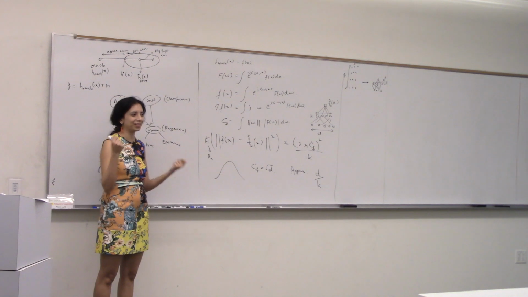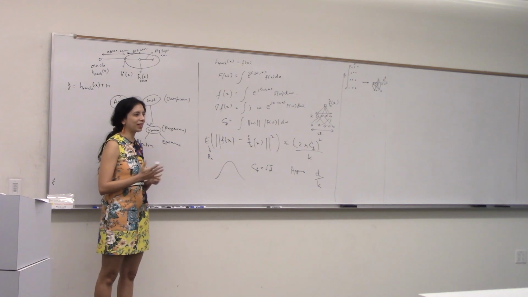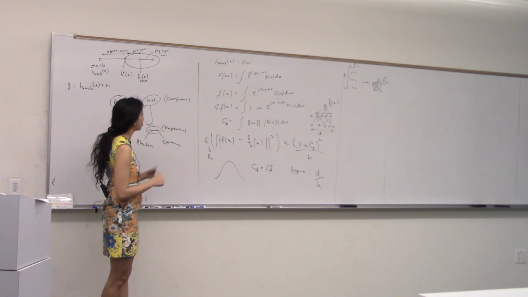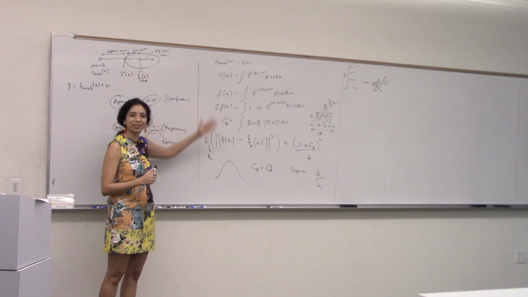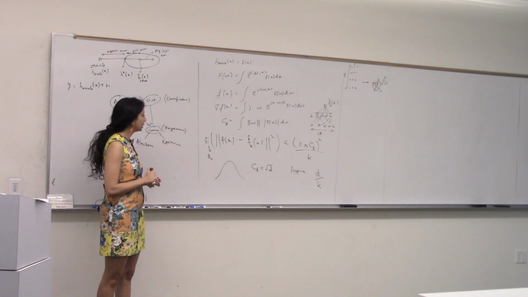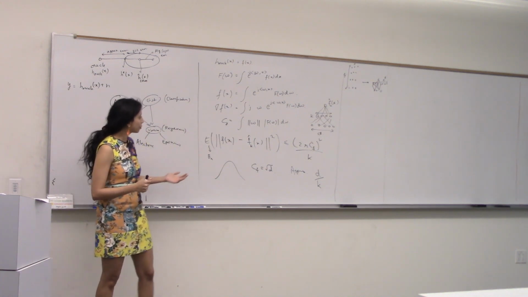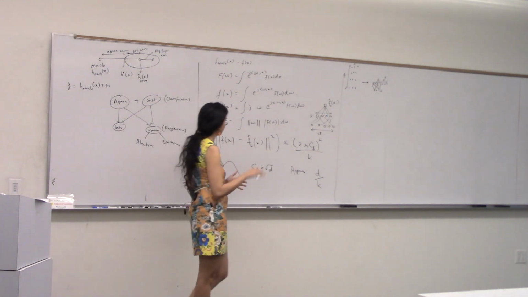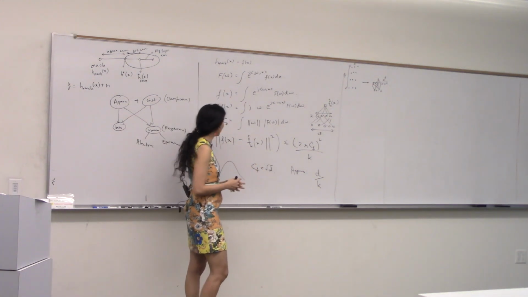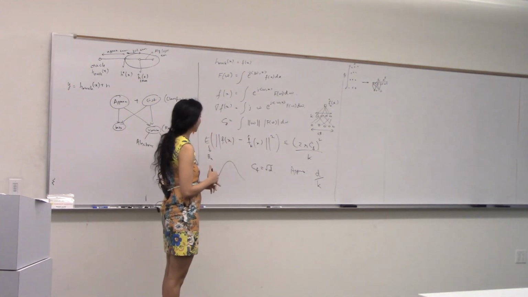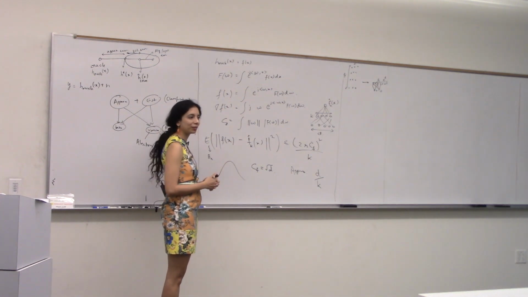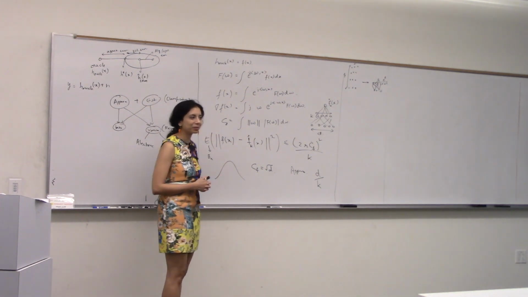Maybe in some regions it is, but in others maybe there are big jumps. It's hard to say because we don't know what the true oracle function is anyway. So there could be different reasons why this theory is not appropriate or enough, but at least it's a beginning point.